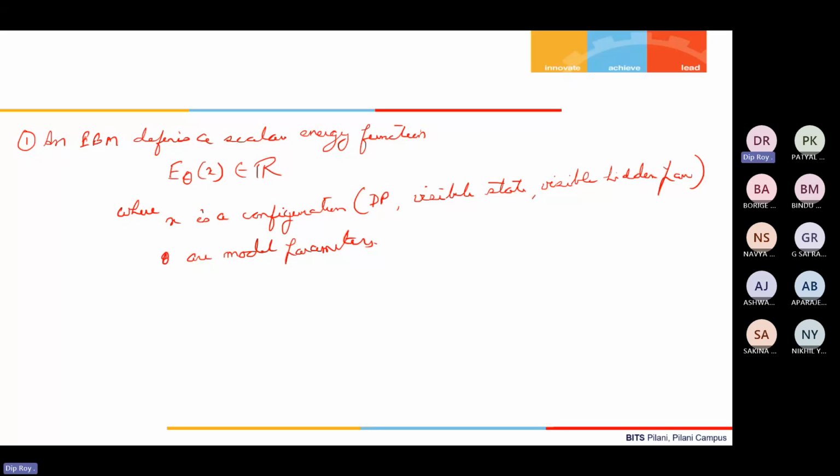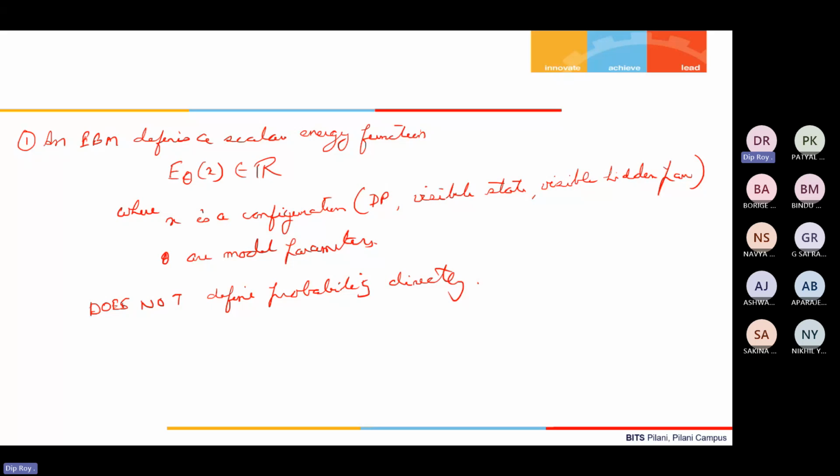This model, the EBM, this energy function, does not define probability directly.